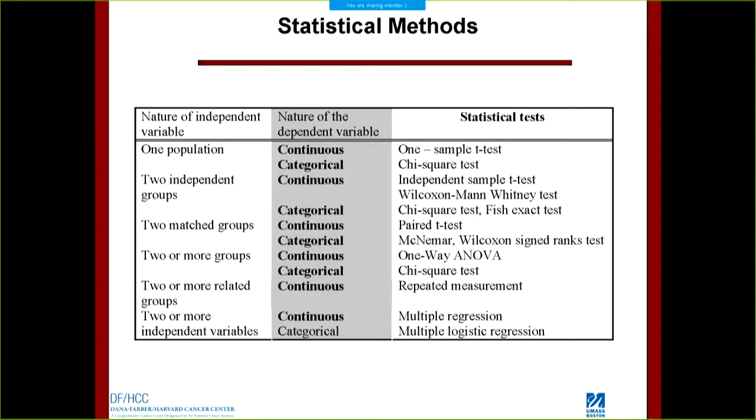Now, suppose there is a two-group comparison. If there are two populations and the outcome variable is continuous, we'll use the independent two-sample t-test. But if the sample size is small and the data doesn't follow the normal distribution, we may have to use a non-parametric test, like the Mann-Whitney U test or the Wilcoxon test.